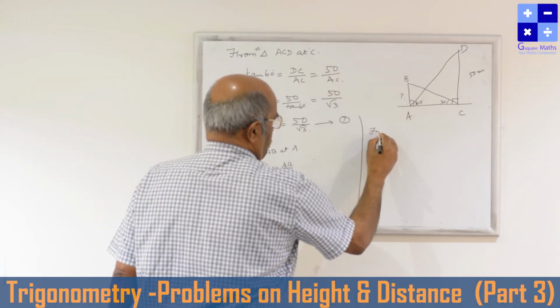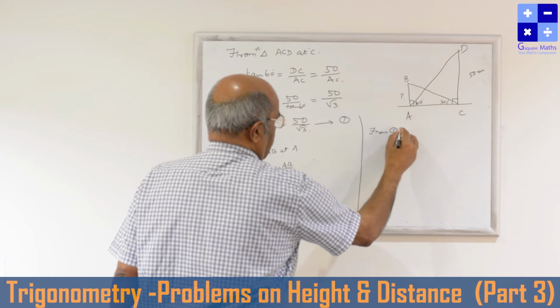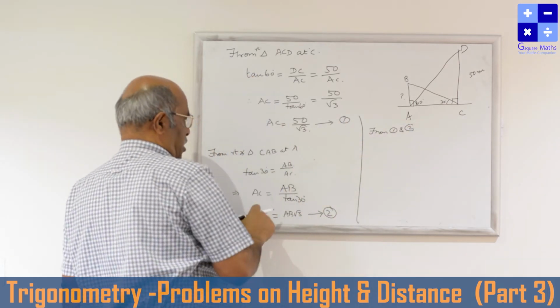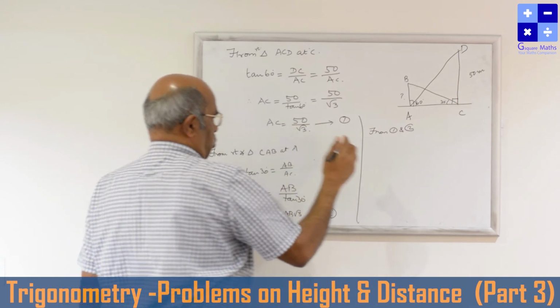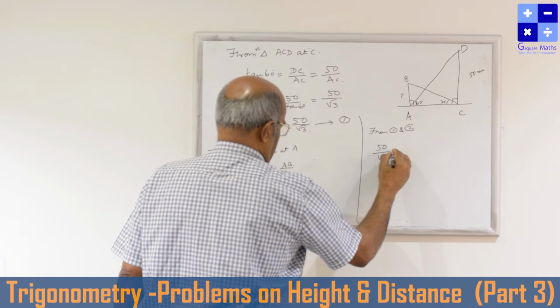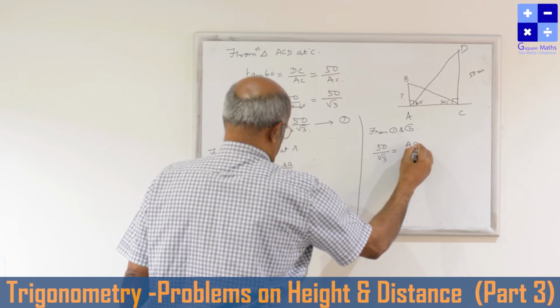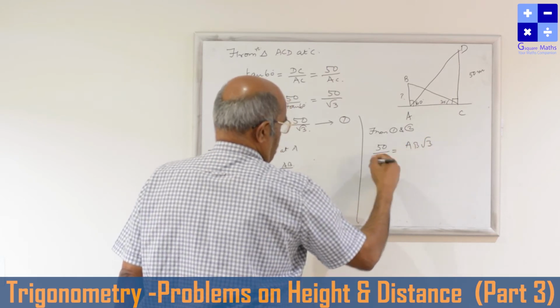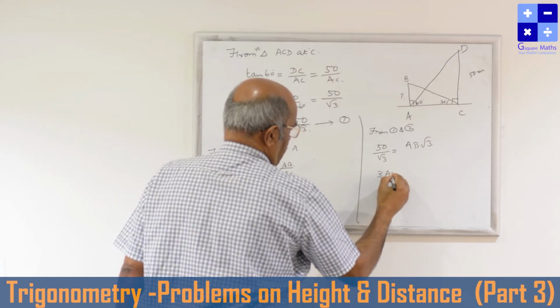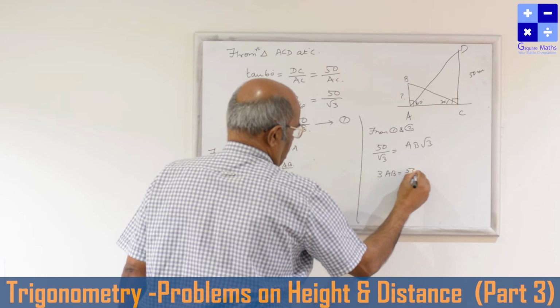From 1 and 2, first equation and second equation, as the left hand sides are equal, the right hand sides are equal. 50 by root 3 is equal to AB root 3. Just cross multiply. 3AB is equal to 50.